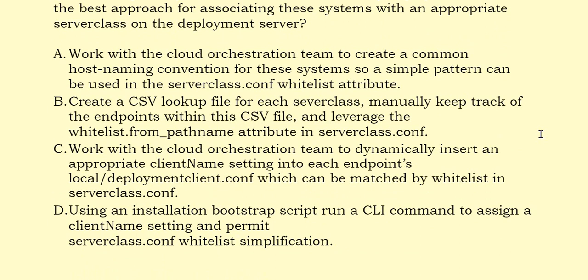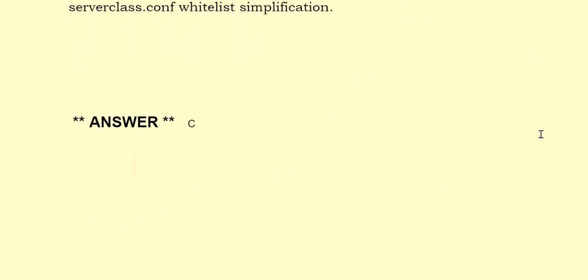Option D. Using an installation bootstrap script, run a CLI command to assign a clientName setting and permit serverclass.conf whitelist simplification. The correct answer is option C.